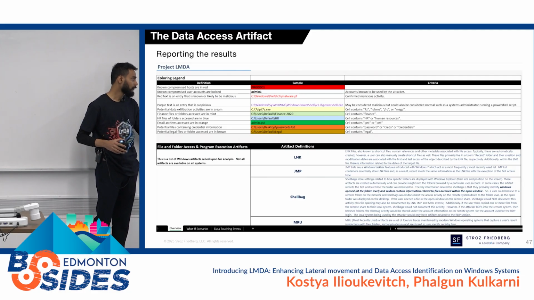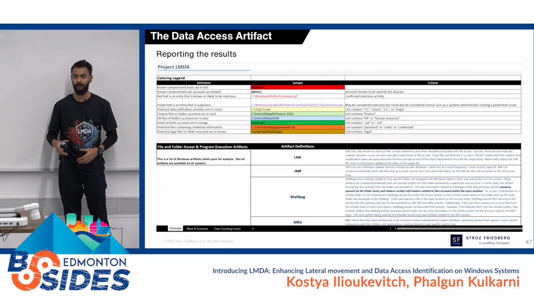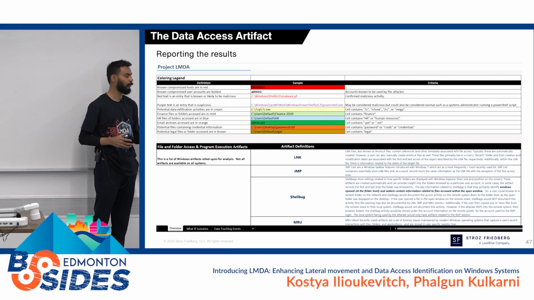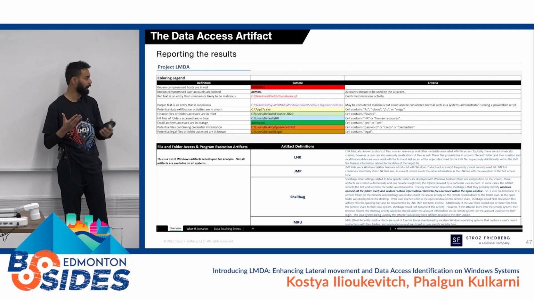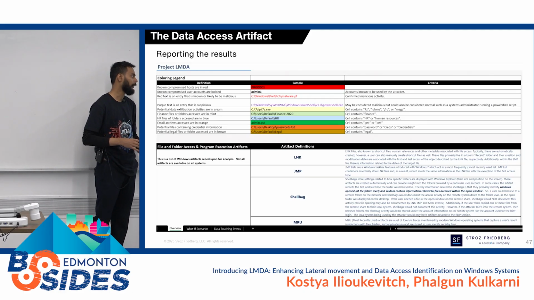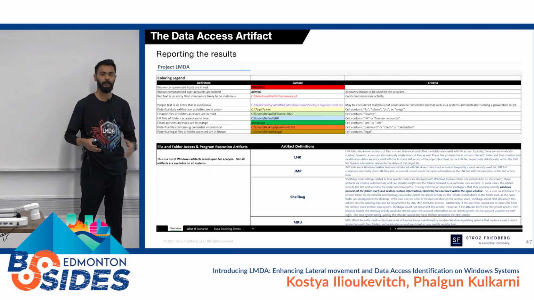Next, we have definitions for artifacts that we parse in case stakeholders or a non-technical audience want to know where the data is actually coming from. They have the ability to do so and understand what is happening behind the scenes.